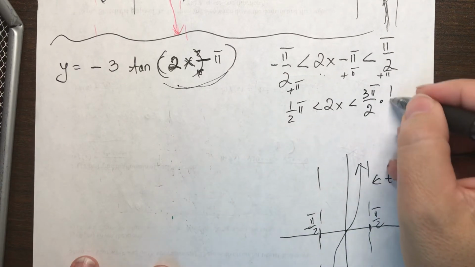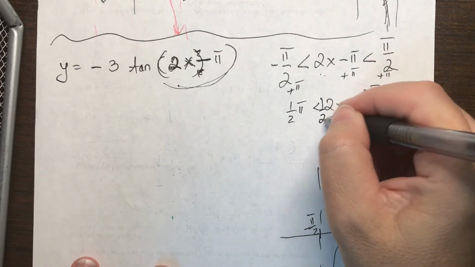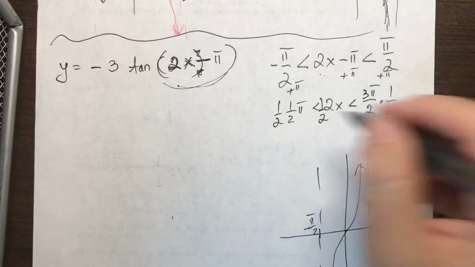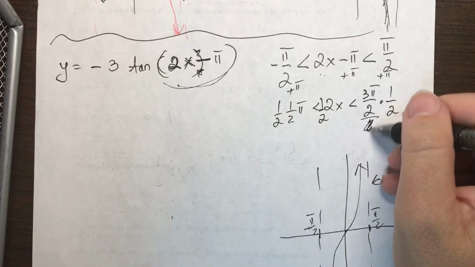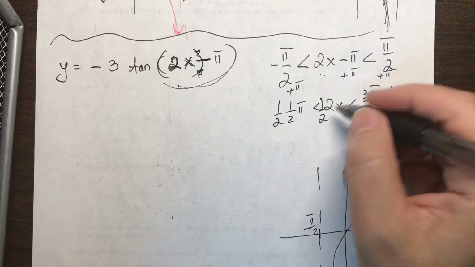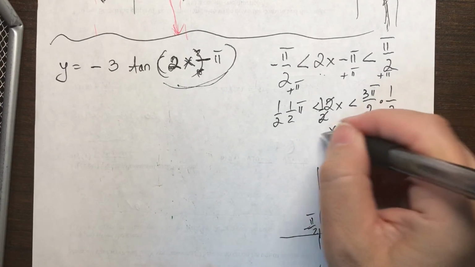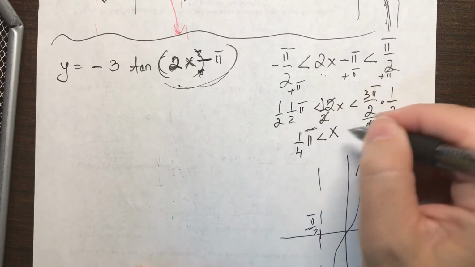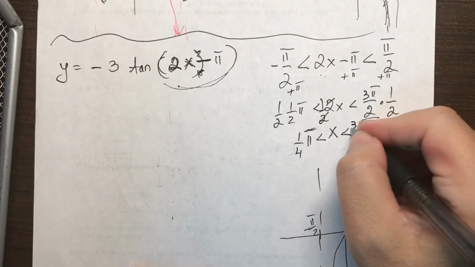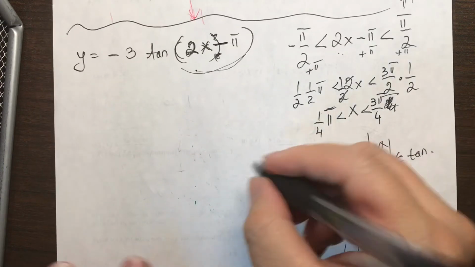And then again, divide by 2, so multiply by 1/2. It doesn't look good to have 3/2 over 2. Well, to divide by 2 is the same thing as multiplying by 1/2. So I'm going to draw this thing between 1/4 pi and 3/4 pi, okay?